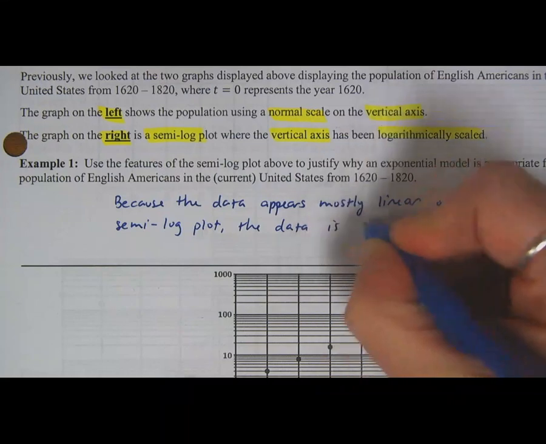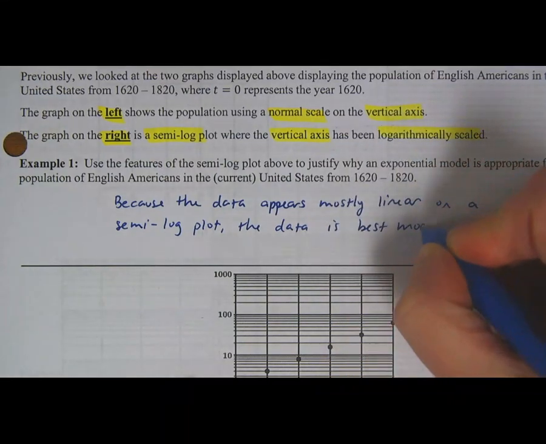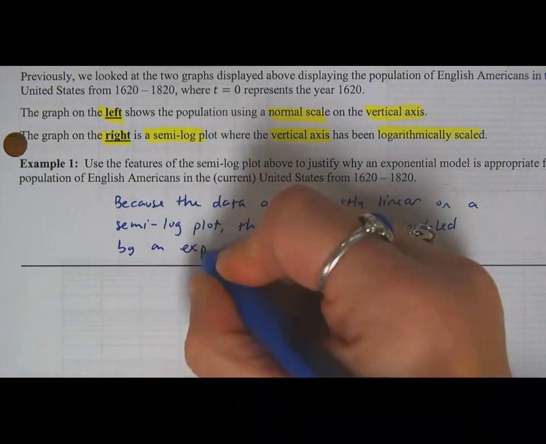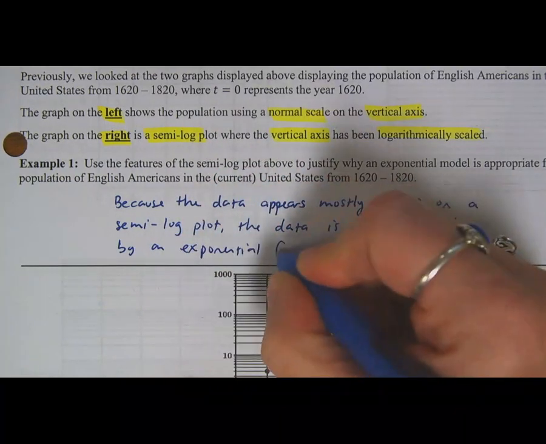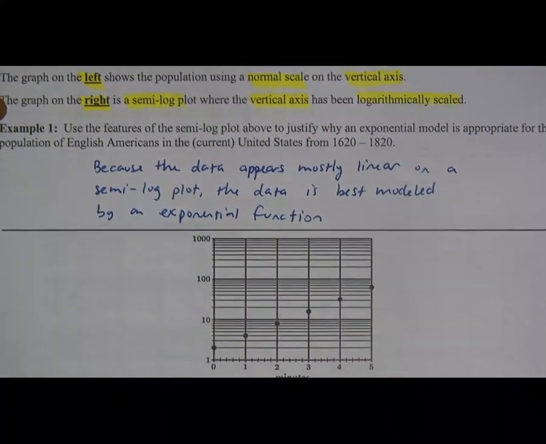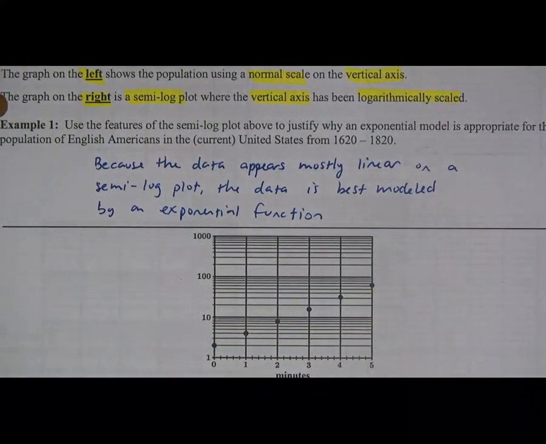Because the data appears mostly linear on a semi-log plot, the data is best modeled by an exponential function.